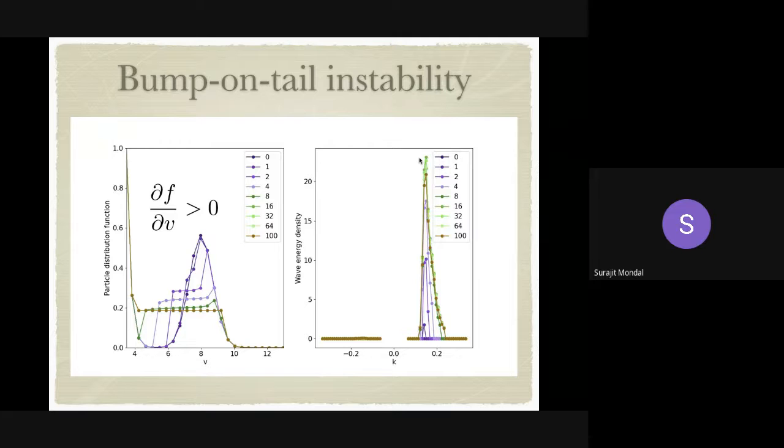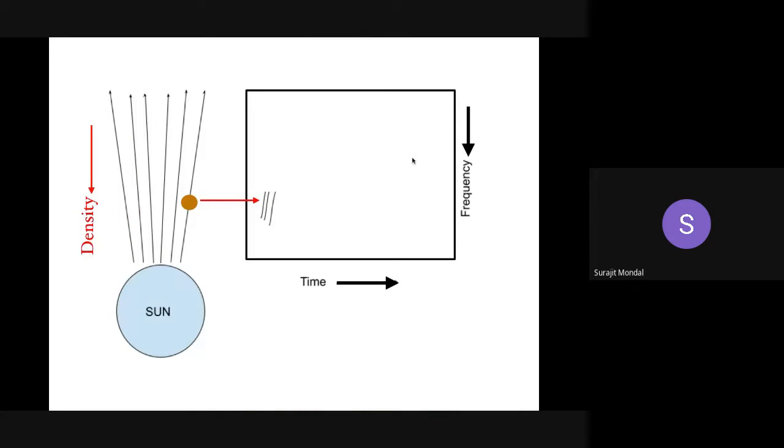Now with this, we'll try to understand the drift which we saw earlier. What was the drift? As time progresses, the frequency of emission was moving to lower and lower frequencies. Imagine that this is the sun. I know this does not look like a circle, but this is just a cartoon. The density decreases as we move away from the sun. Imagine at this location, the reconnection has happened and particles have been accelerated at this location.